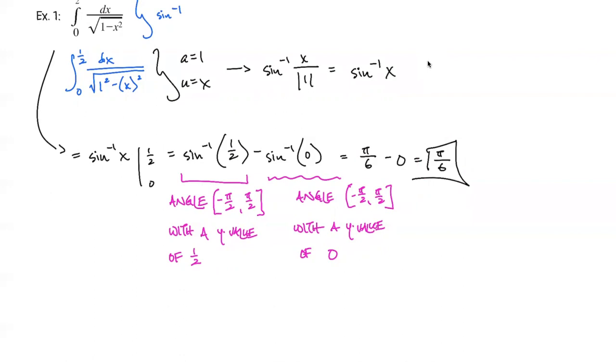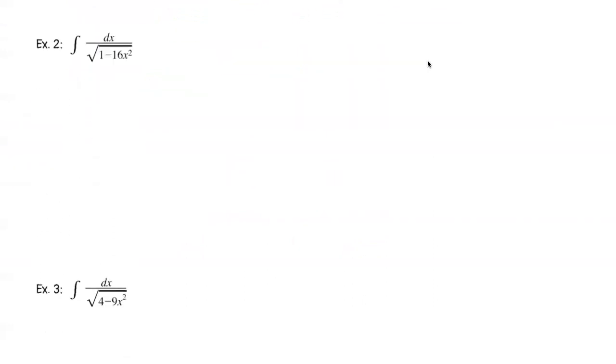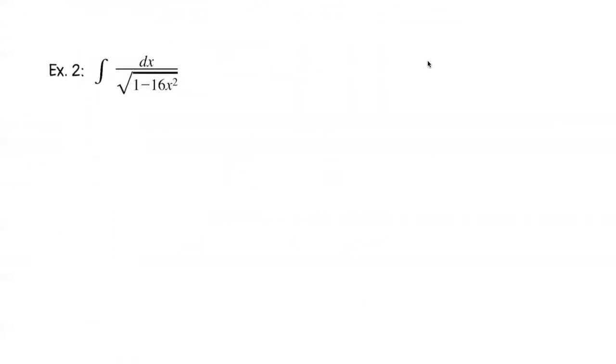All right, so let's take a look at the next example. Taking a look at this one, example 2, we have the integral of dx over the square root of 1 minus 16x squared. And if you were to look back at the initial chart, we might say that this is an inverse sine situation, okay? And I'm going to write that we actually have a u sub situation here as well, okay?